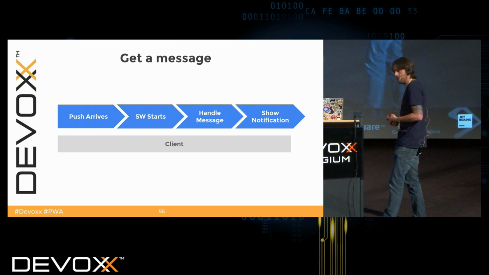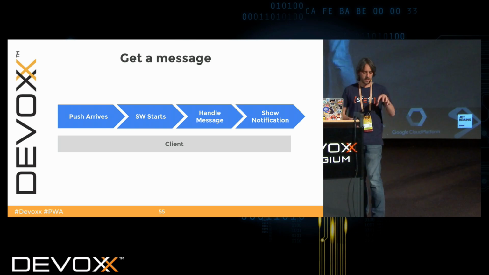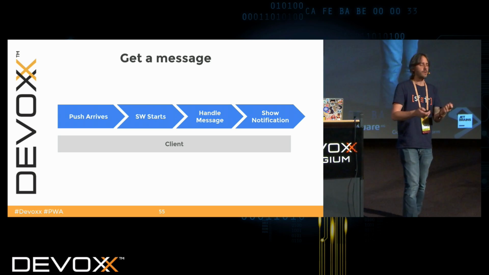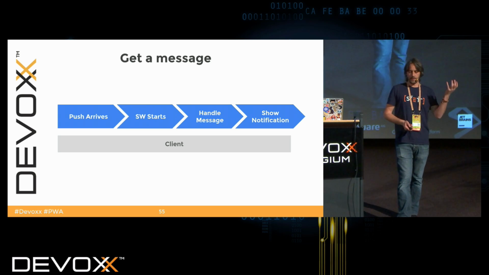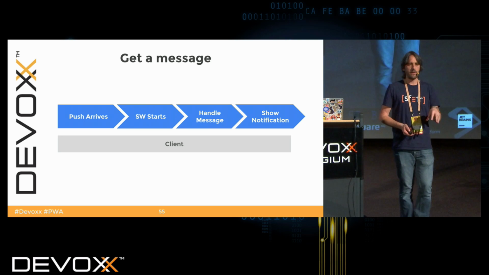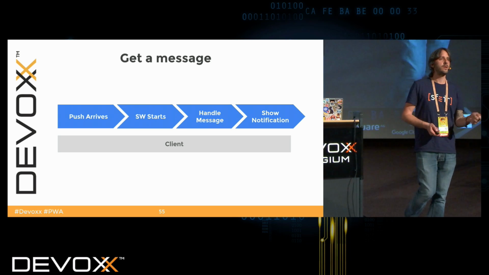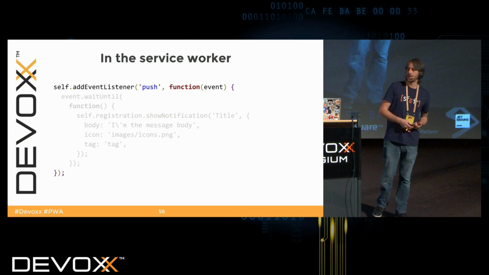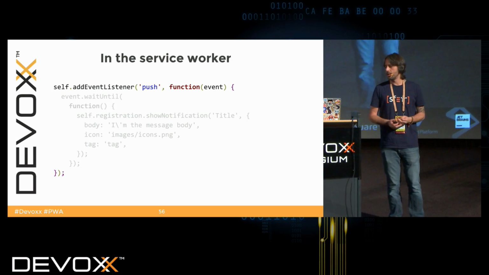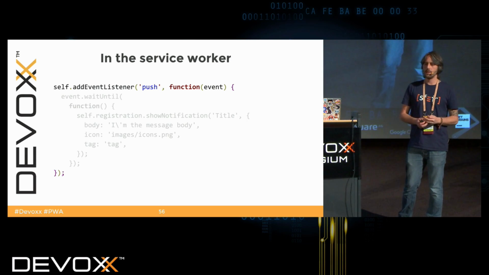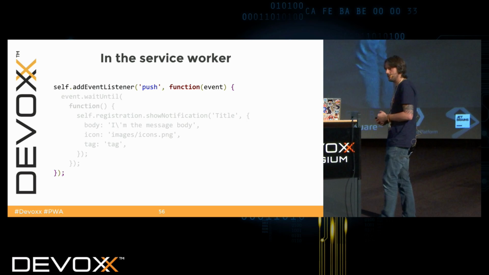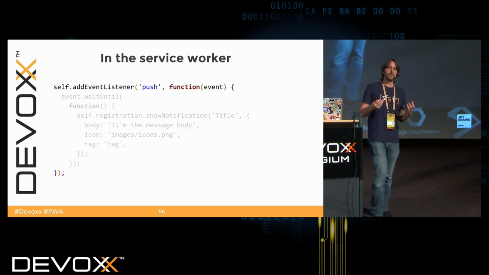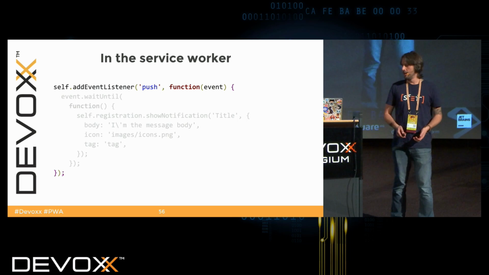And the last step is, okay, a notification arrives on my user's mobile. How can I display it to the user? Here again, it's the service worker that is going to handle that notification to show the message to the user. We showed you that the service worker works with events. So we have a new event called push that will be raised when a notification comes to the mobile.